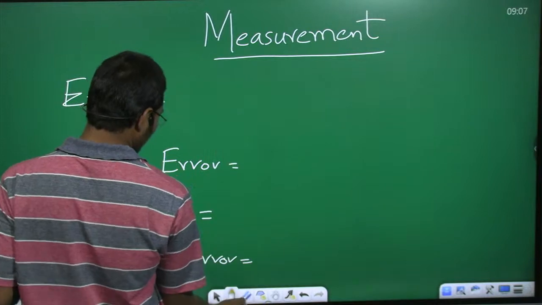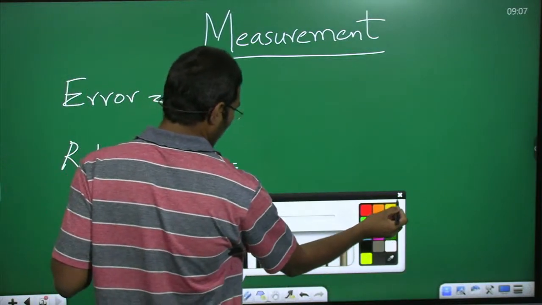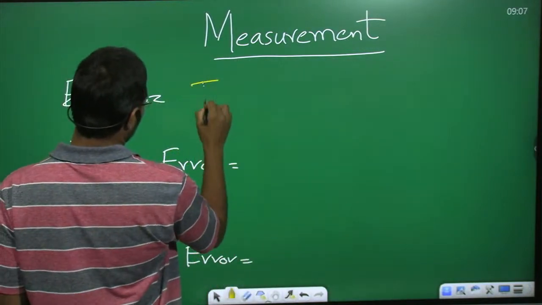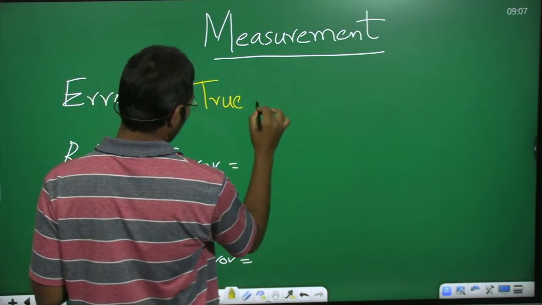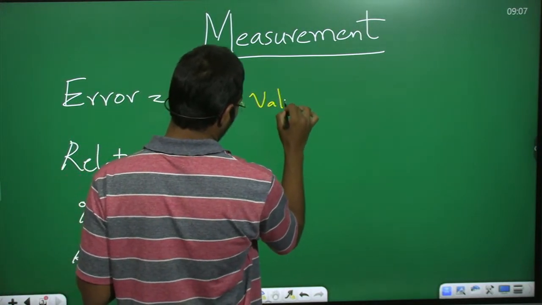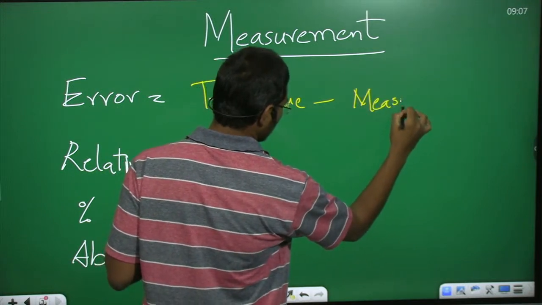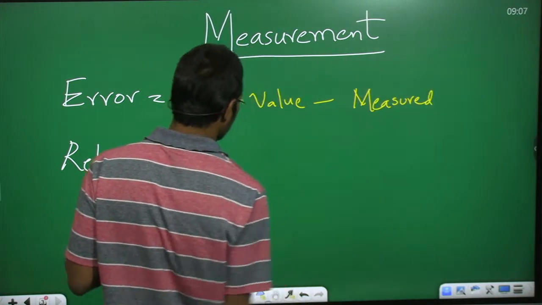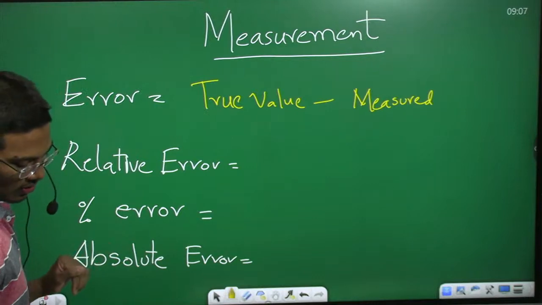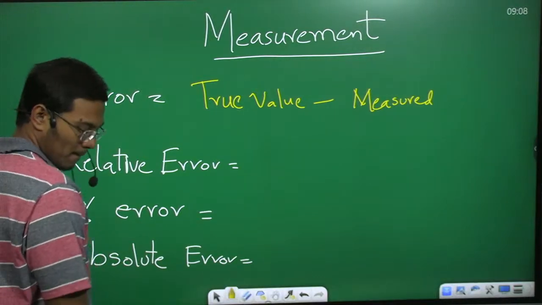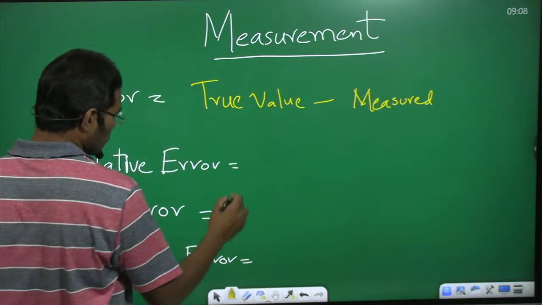So how do you define error? True value minus measured value, right? How do you define relative error? It is nothing but absolute by true.